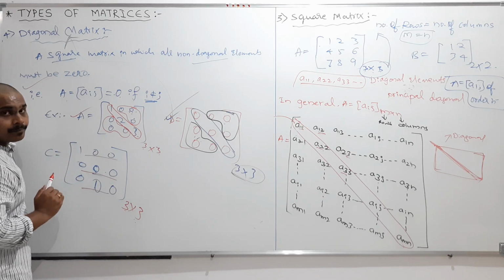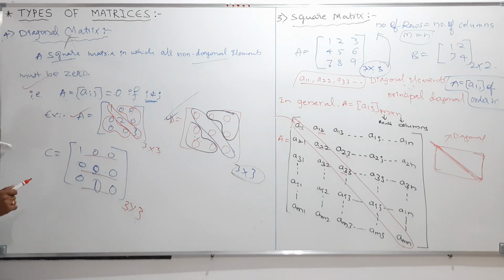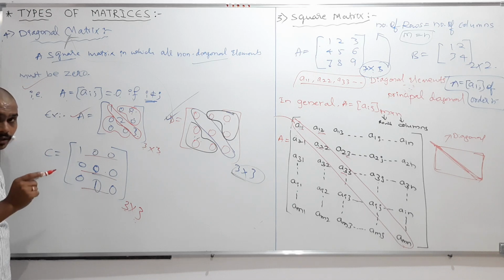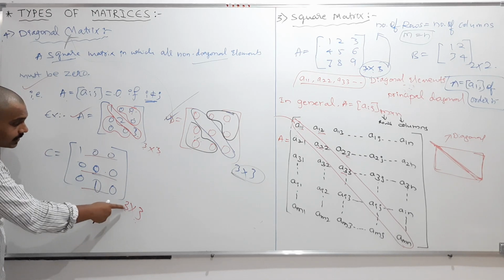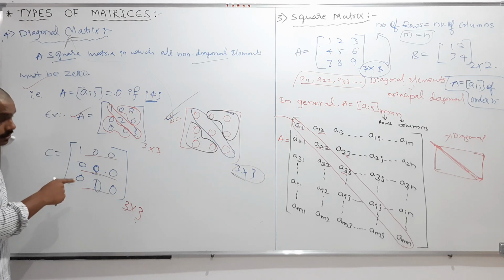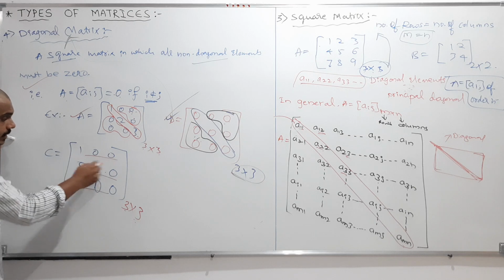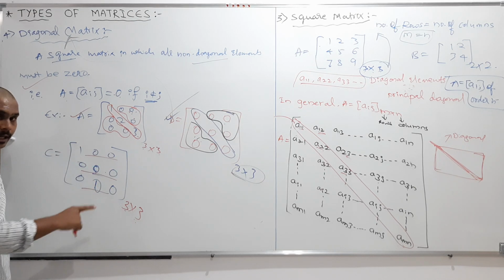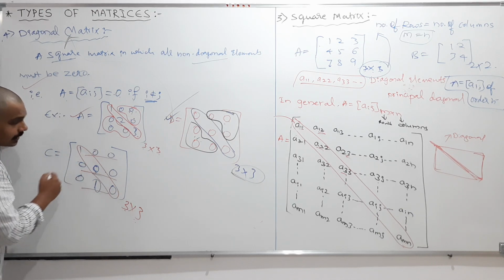So therefore this is the square matrix. Now I am checking whether the given matrix is a diagonal matrix or not. To check this, we should check two conditions. The first condition is whether the given matrix is a square matrix or not. Obviously this is the square matrix because 3 rows are there, the number of rows is equal to the number of columns. And the second condition is the non-diagonal elements.